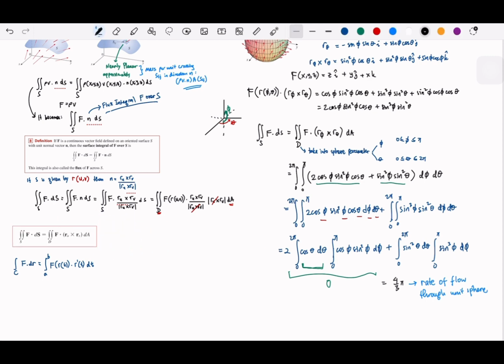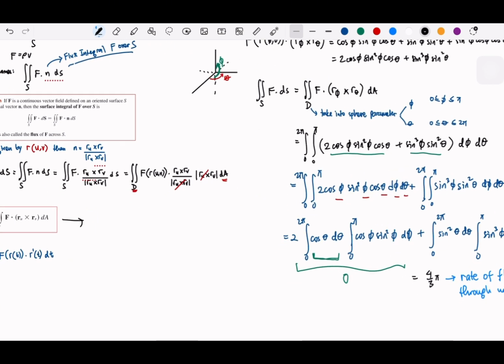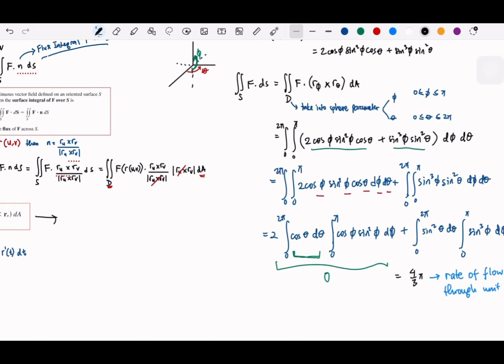So we could write that. We could write for z equal g of x, y. So if we have a surface, we can use x, y as parameters.